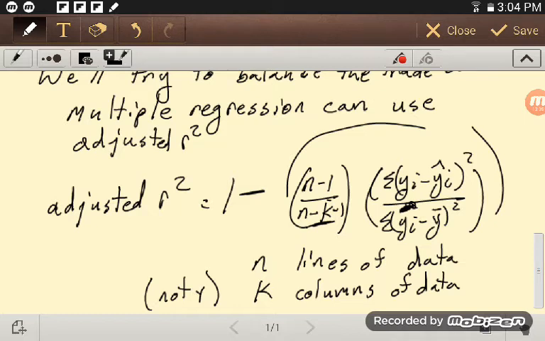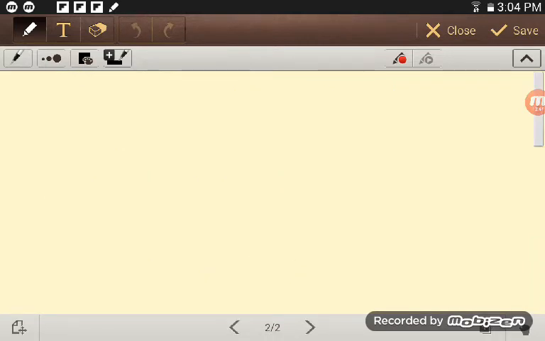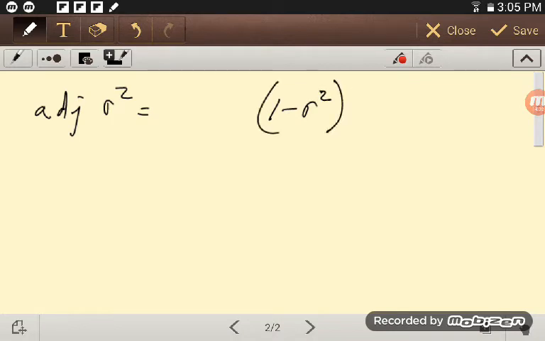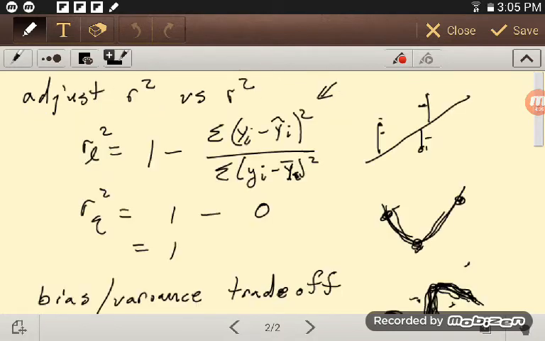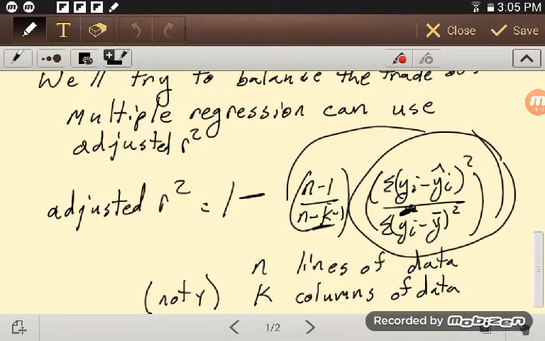And I'll do an example of that with some actual data and technology and look at that adjusted R squared. Now, gosh, I've run out of room here. I guess I'll have to go to page 2. Not good timing on that, but the way I tend to calculate adjusted R squared is I take 1 minus the R squared. Okay, now what that does is 1 minus the R squared gets you back to this.